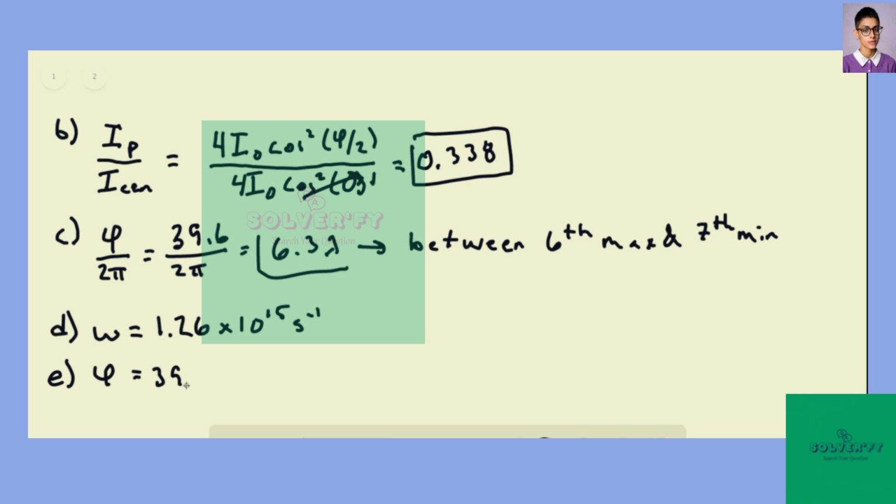So this is just our 39.6 radians. This is about 2,270 degrees, which is equivalent to 110 degrees if you subtract off whole multiples of 360 until you get to something less than 360.